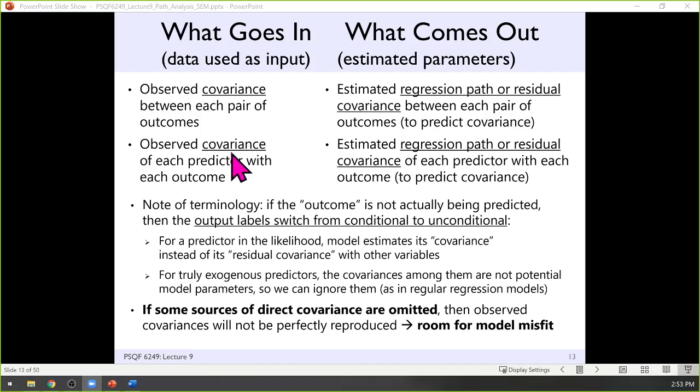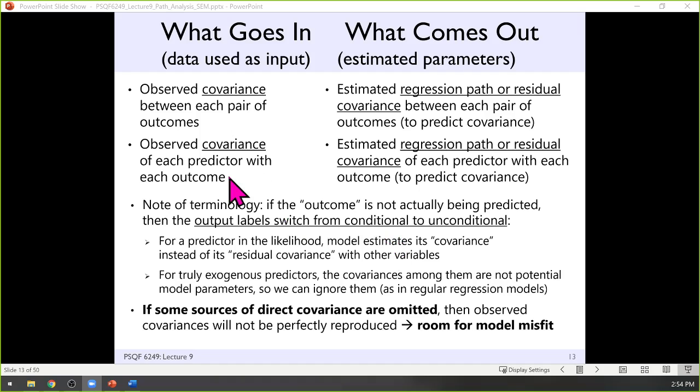If you have a covariance of a predictor with each outcome, you can replace that with a path or a residual covariance, and it will be perfect. Whether it's covariance depends on whether the variables are predictors or outcomes. If it's predictors, it's covariance. If it's outcomes, it's residual covariance. So it's the same language we've been using to talk about outcomes, just with a twist when it's a predictor.